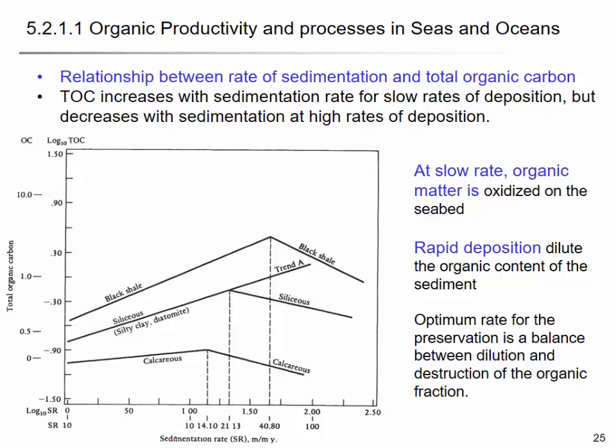It shows that as the sedimentation rate increases, the total organic carbon in the sediment also increases to a certain point. When the sedimentation rate is slow, the organic matter can be oxidized on the seabed. And rapid deposition dilutes the organic content of the sediment. So the optimum rate is somewhere here for the preservation of the organic matter.